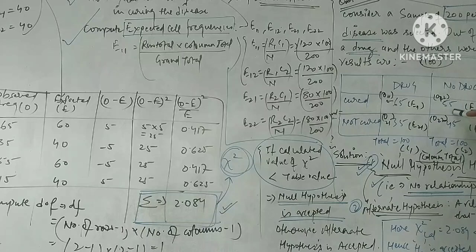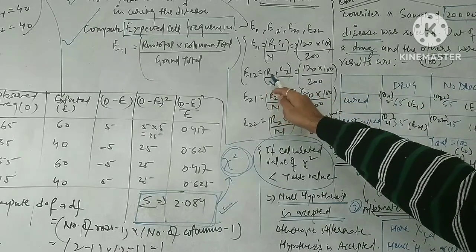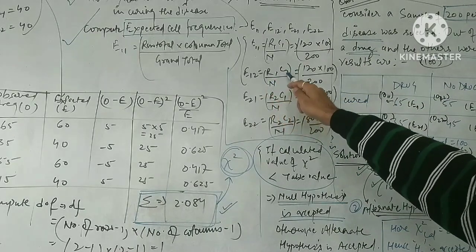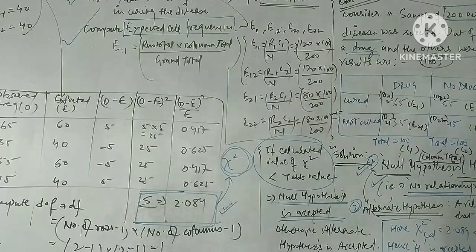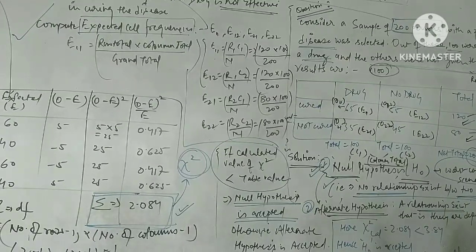Similarly, the expected frequency for row 1 column 2 is the row 1 total into the column total of column 2, upon the grand total, that is 200. That is 120, row 1, into C2, which is 100, upon the net total 200. By examining this table, you can easily sort things out.